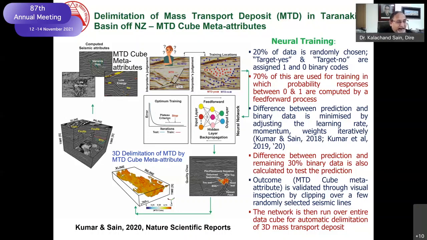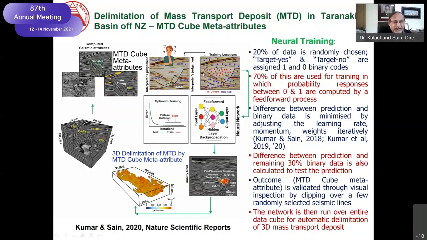Since we have a huge volume of data, for training the system we took 20% arbitrary data from the entire volume, and that 20% data was taken randomly. And then physically, we looked into each section to see where the mass transport deposit is present, and that we defined in red.